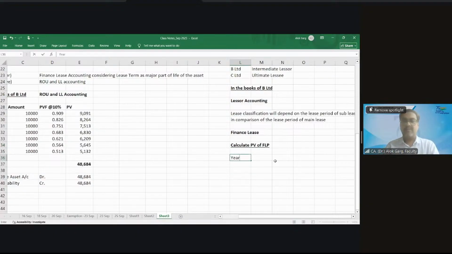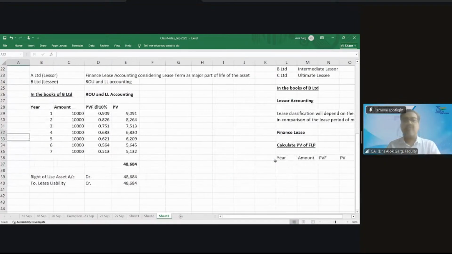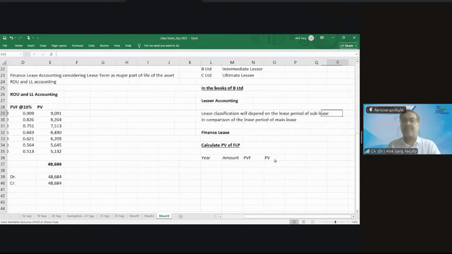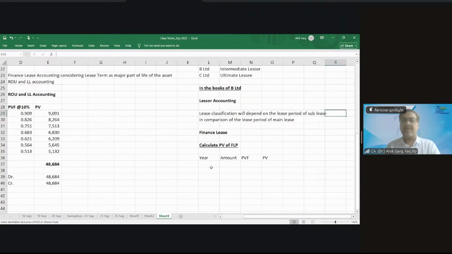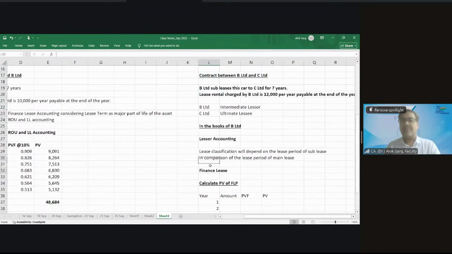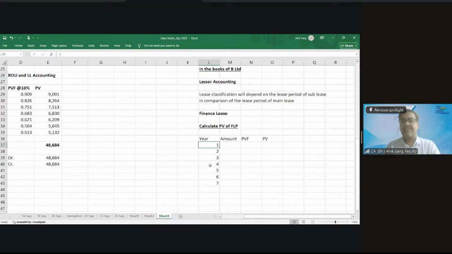Year, amount, PVF and PV. How many years? 7 years. Which amount will it be, 10,000 or 12,000? What is your amount in the sublease contract? In your sublease contract, the amount is 12,000. This intermediate lessor is recovering 12,000 from the ultimate lessee.